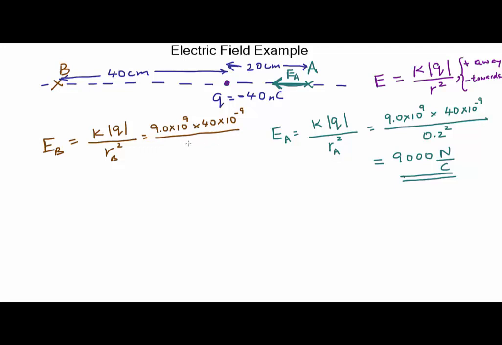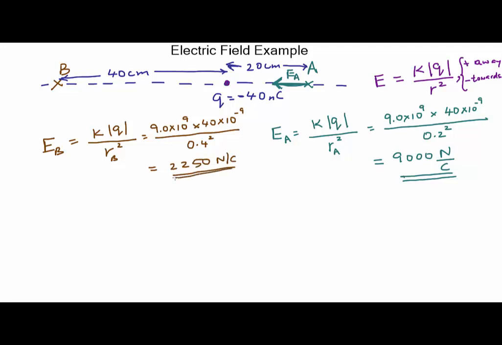In this case, the distance is 0.4 meters. And I square that, and that's the setup. The numerator is the same as before because we're still talking about electric field from the same charge. The distance has changed, so that's reflected over here. And when you calculate this, you will get 2250 Newton per Coulomb.